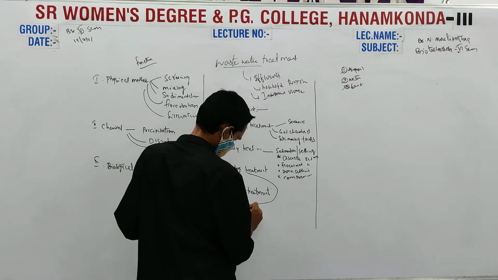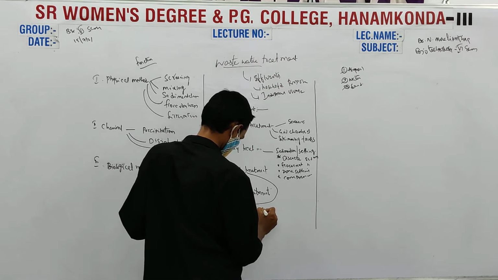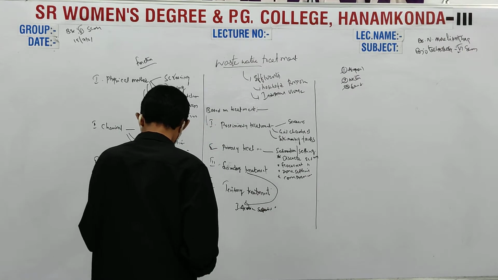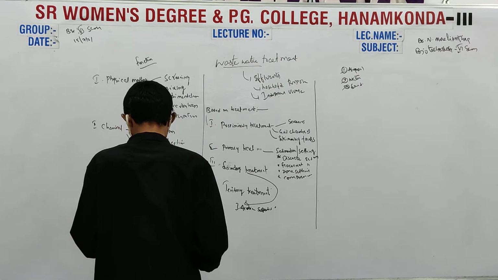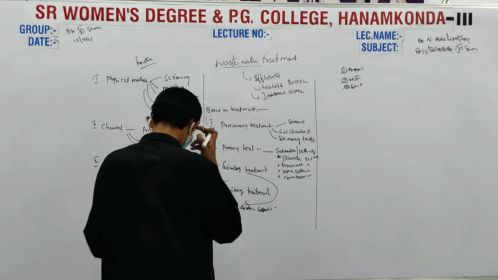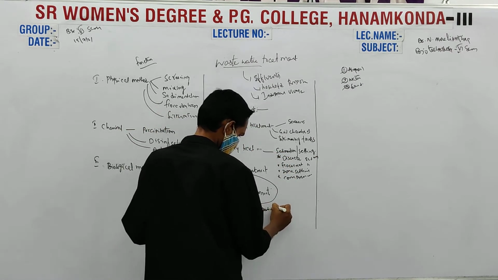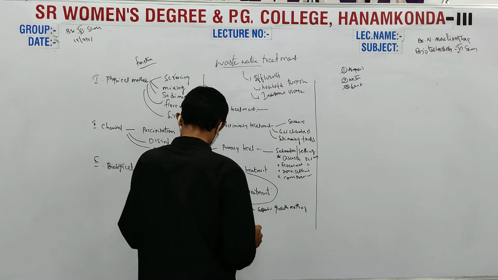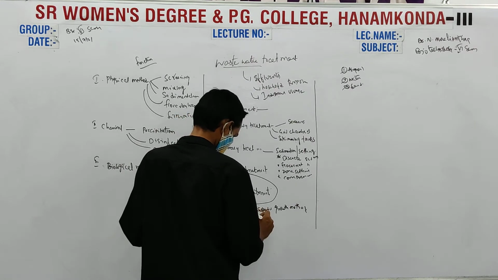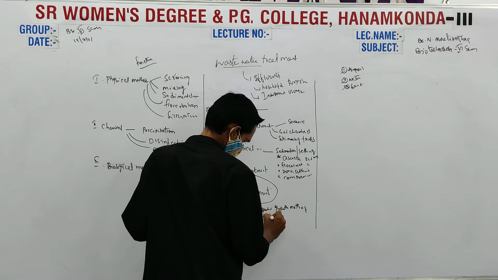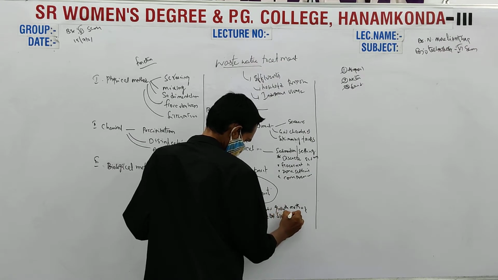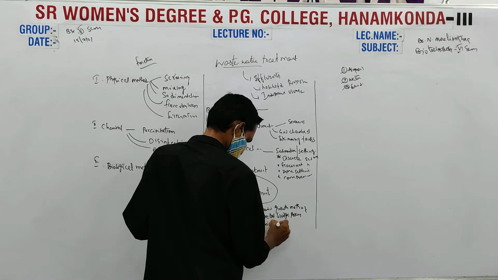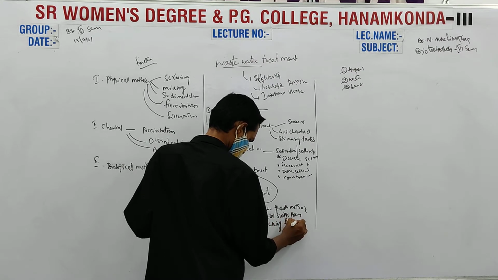One is aerobic suspended growth method, which includes the activated sludge process and trickling filters.